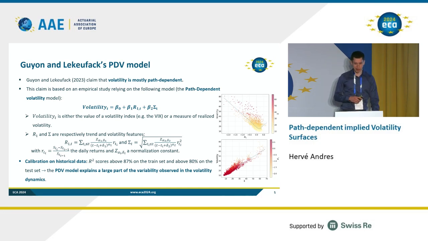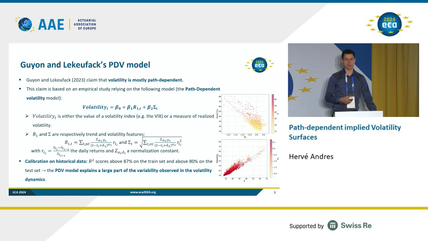R1 is a weighted average of the past returns of a given index, for example the S&P, and sigma is a weighted average of the past squared returns. So basically the same as R1, just you take the square and then the square root to get a homogeneous quantity. And here the volatility is kind of a proxy of the spot volatility.